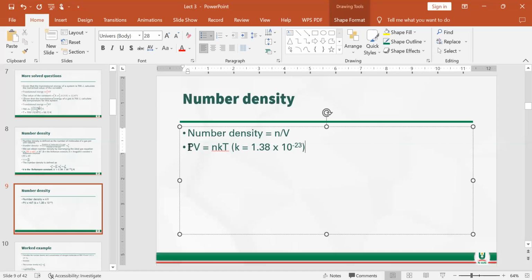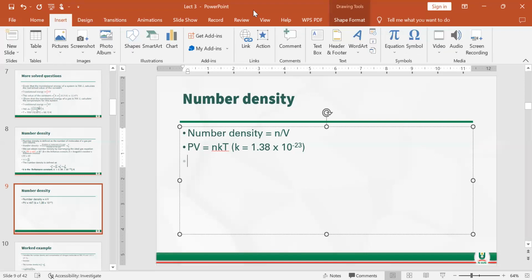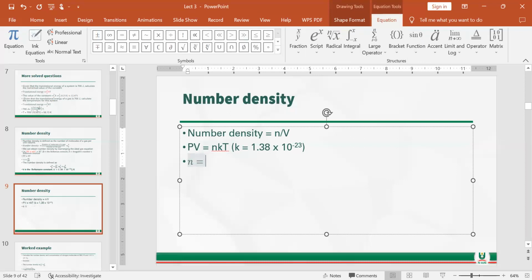Now, if you look at this equation, we can say that our N is equal to PV all over kT.